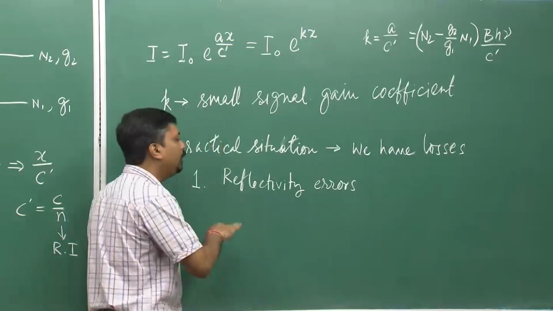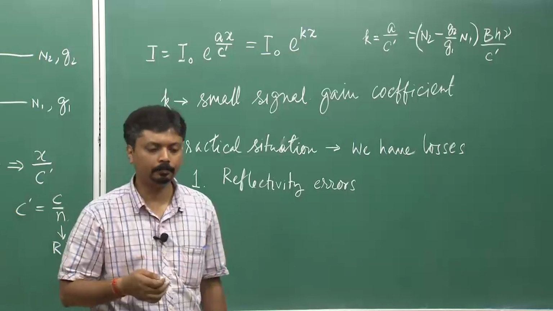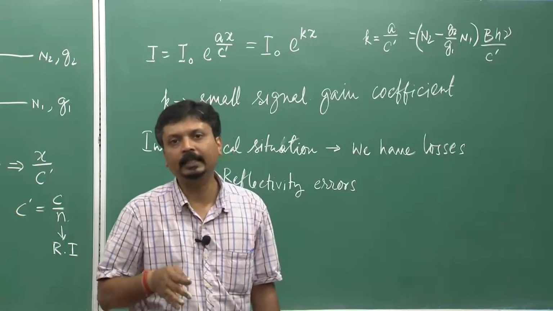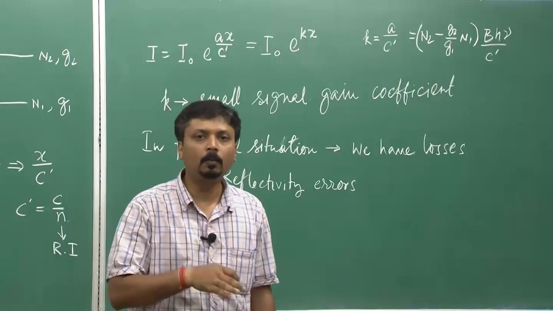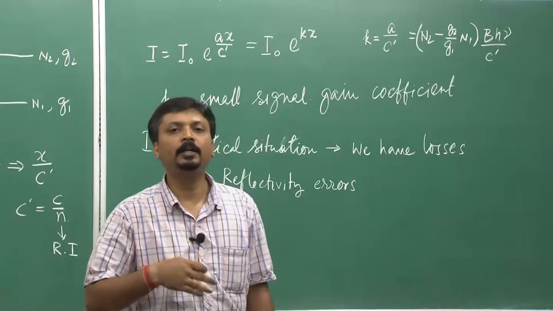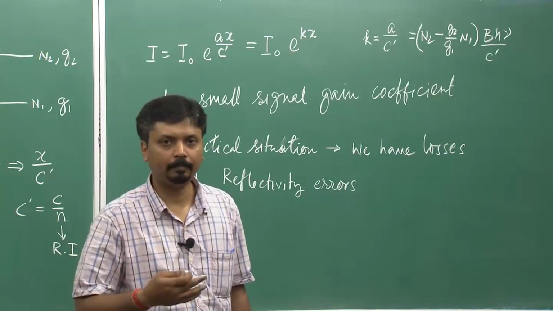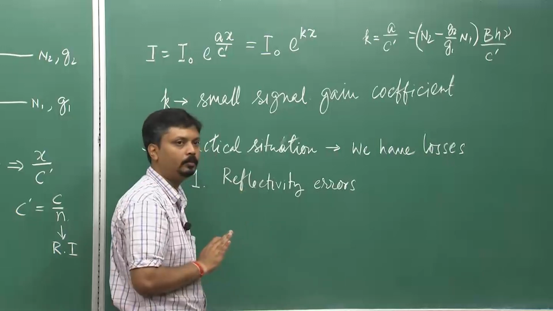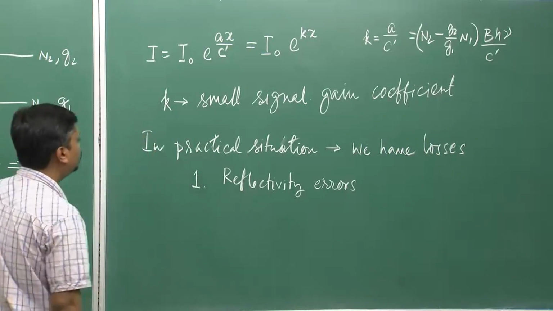But in reality, if it is not 98%, if it is say 97.5% and the other one is say 99%, then it is different from what we expect, and in that condition I will have losses. Okay, so this is one.